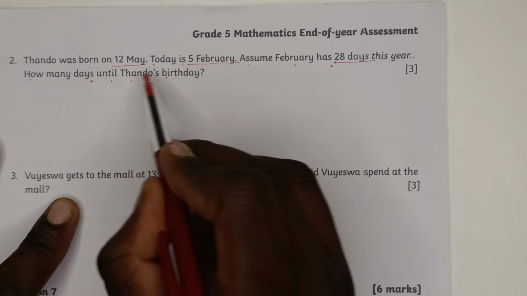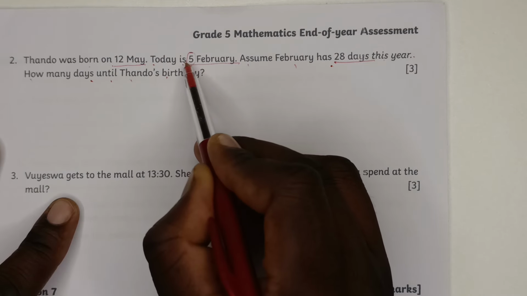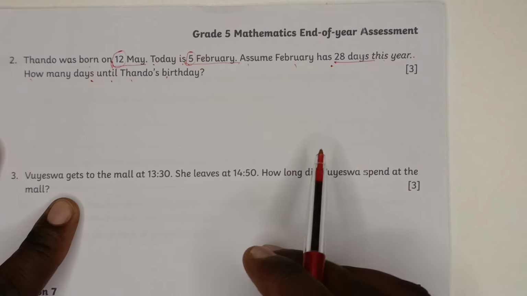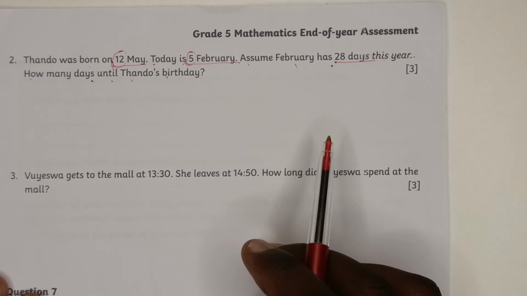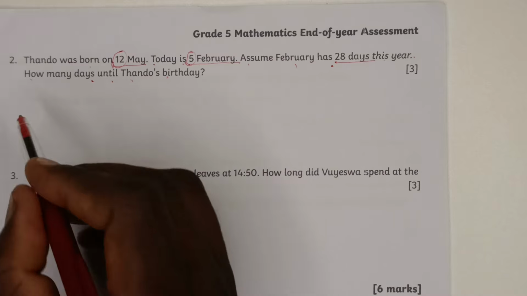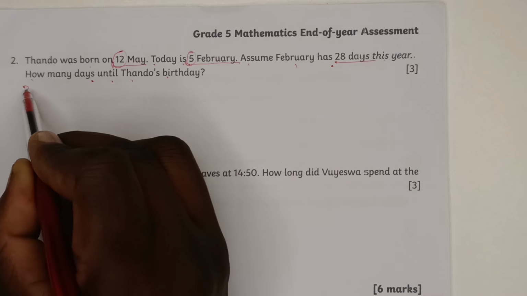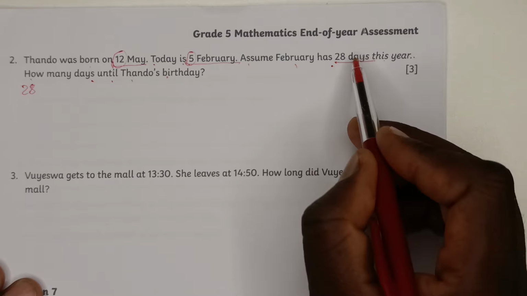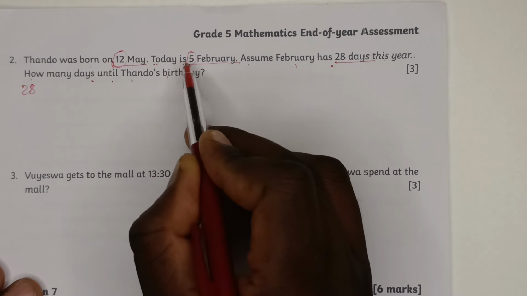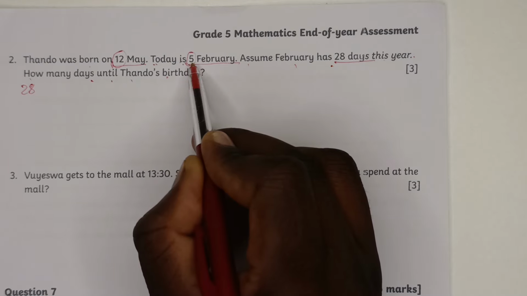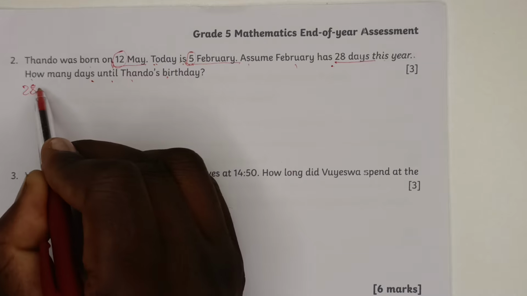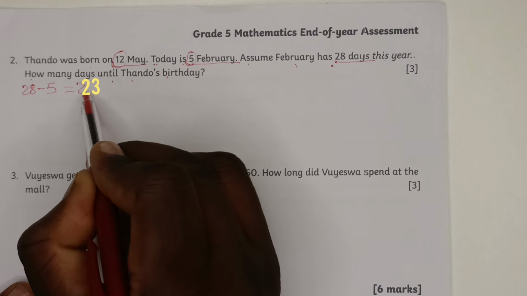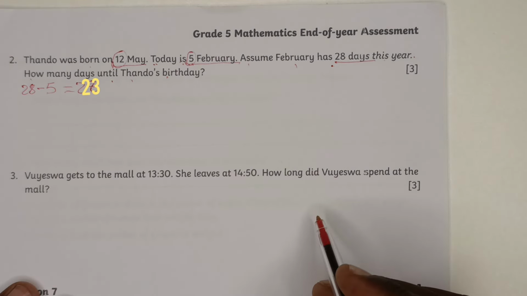So what we do here, we know that February has got 28 days, but today is already the 5th, meaning we have to minus 5 days, then we are left with 23 for February.